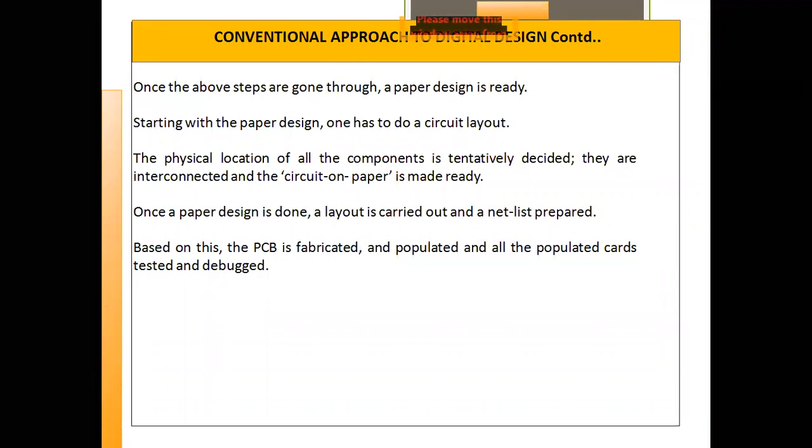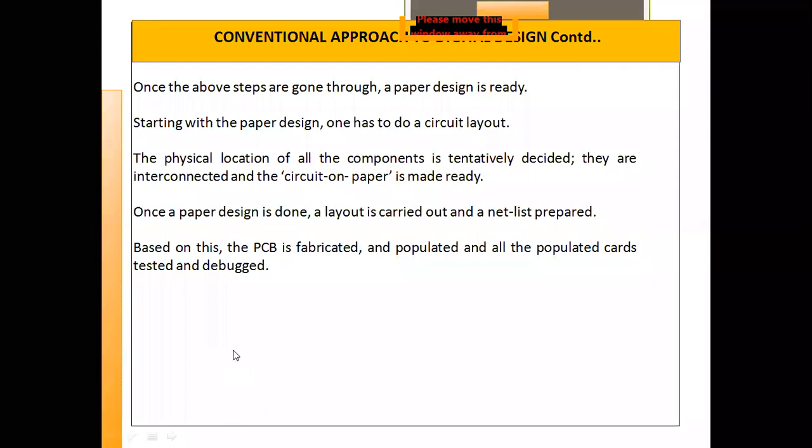Because some ICs will be exhibiting a high amount of temperature, or some discrete components will be exhibiting some heat. If you keep some heat sensitive ICs very near to that, that one will be malfunctioning. So you have to be very careful while deciding the location of the ICs and the discrete components also.